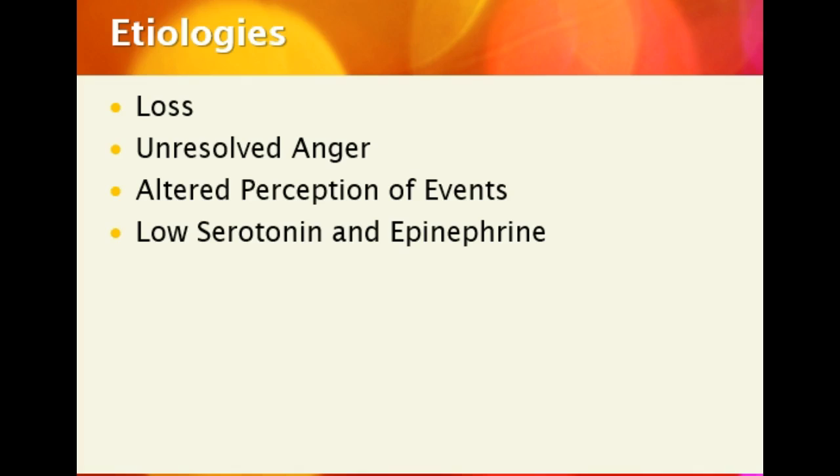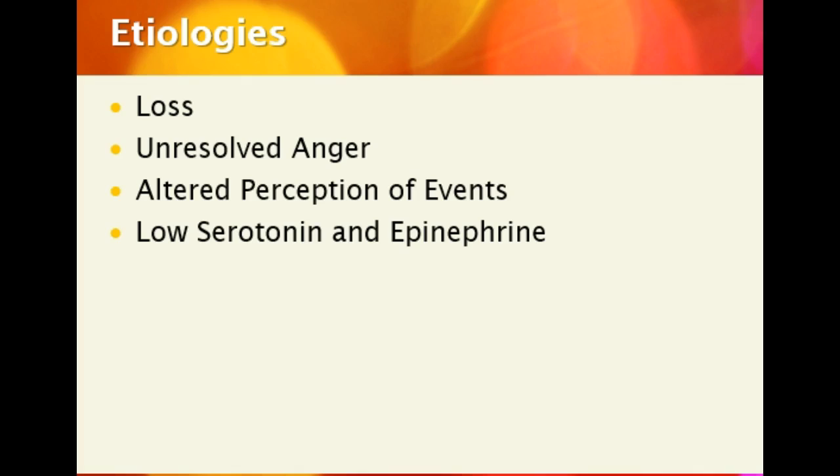Etiologies: according to the psychoanalytic theory, anyone who's suffered a loss is at risk for depression. It can also be attributed to unresolved anger turned inward. The biological theories offer genetic links and neurotransmitter dysfunction. Serotonin, norepinephrine, and dopamine all have an effect on our moods.